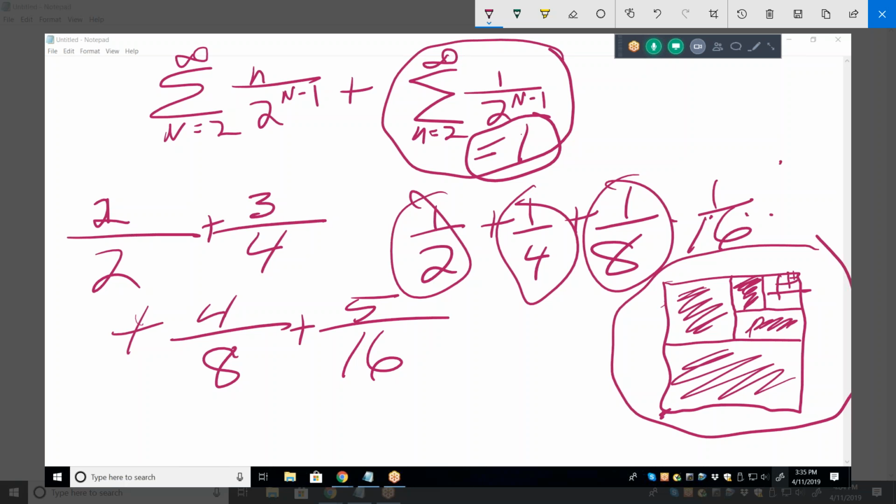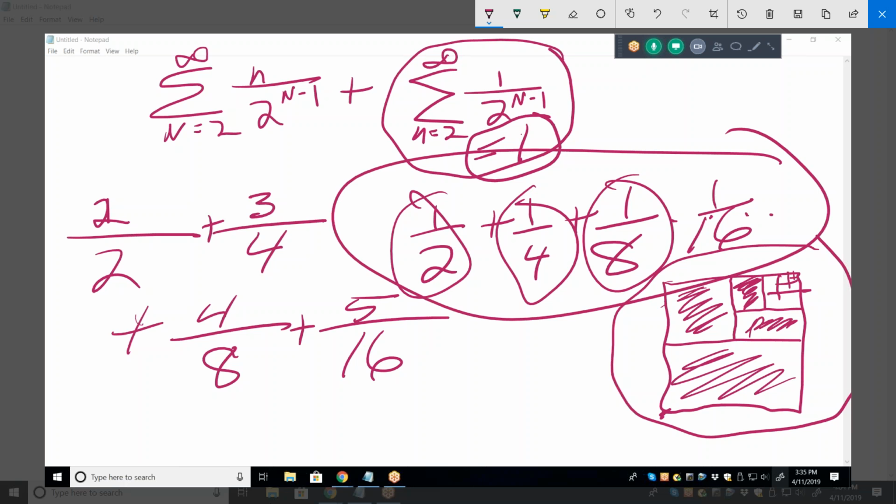I know this series goes to 1. And this is a very similar series. It's just got different numerators. The bottom is still going 2, 4, 8, 16. It's just that the numerators aren't 1. They're 2, 3, 4, 5. No, the first term of your series was 3/2. So this is a slightly different series.